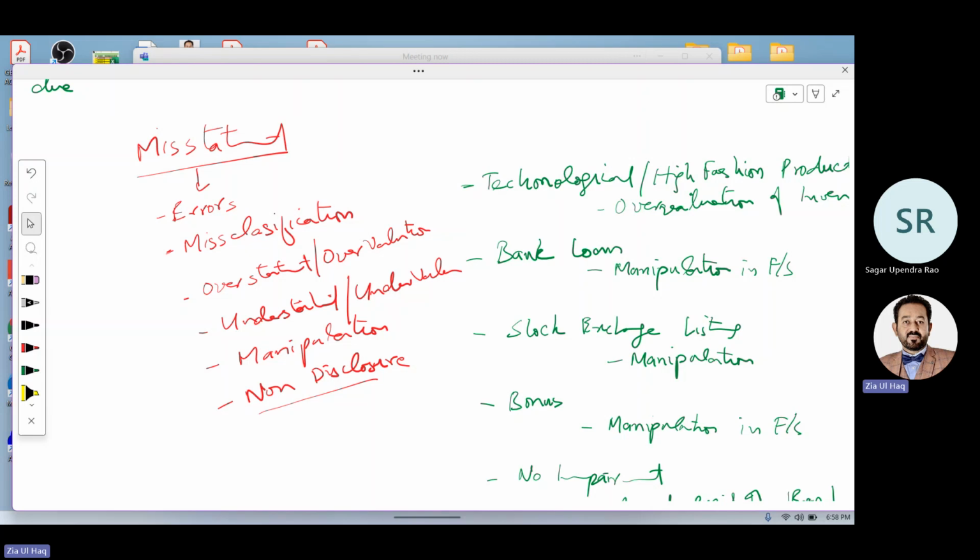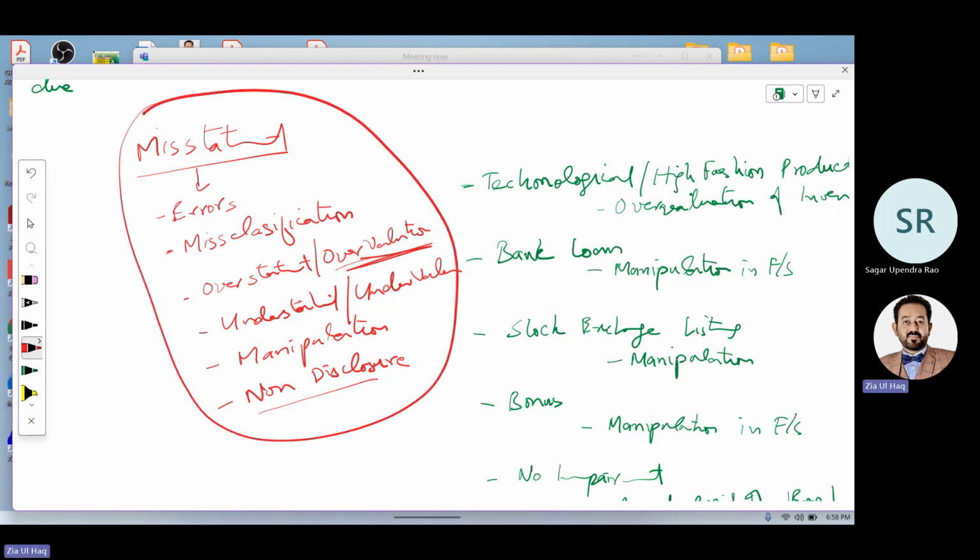The company is operating in fashionable products, inventory could become obsolete, so there are chances of overvaluation of inventory if the company does not record it as per the accounting standard, lower of cost and NRV. Overvaluation, this word you must write while writing inherent risk. I mean, what is the chance of misstatement in the financial statement? You should have mentioned this, you should have used one of the words from this list.